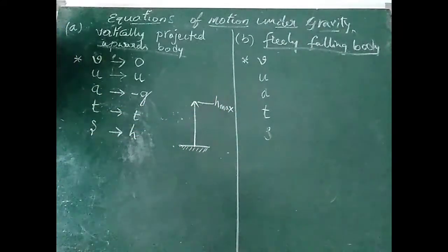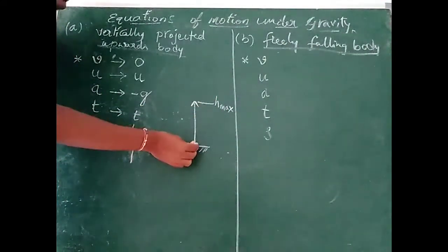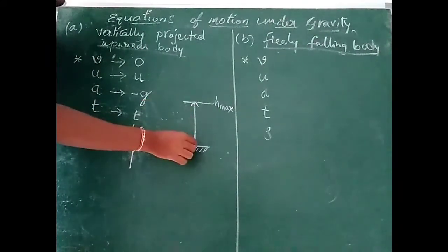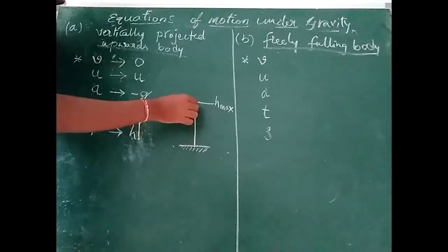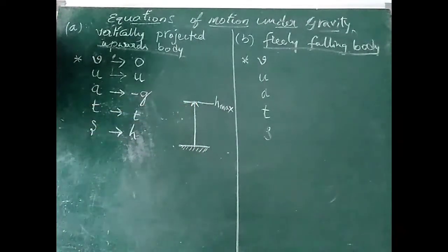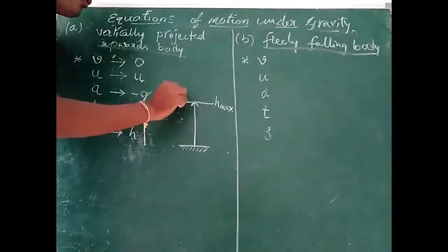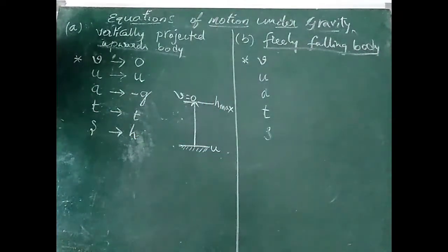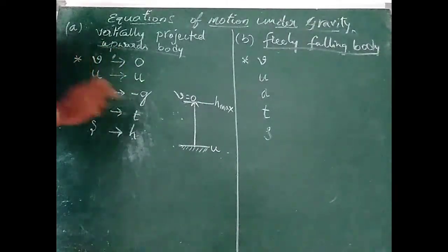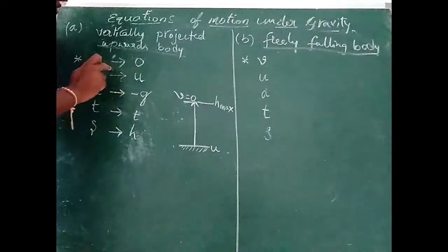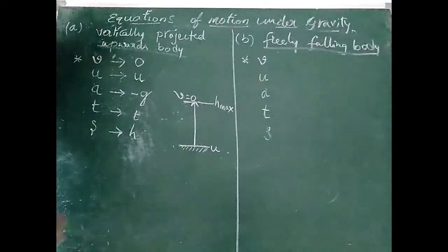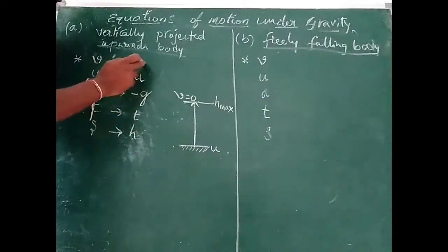From the ground to here, the body is traveling with certain velocity. After reaching this maximum height, there will be no velocity. So the final velocity becomes 0, that's why the final velocity is 0 at maximum height. This is the case for vertically projected body.